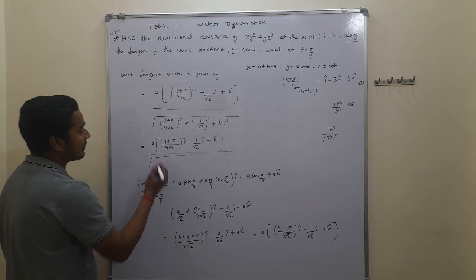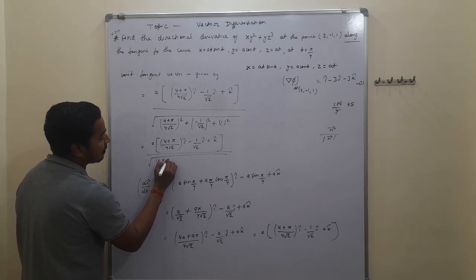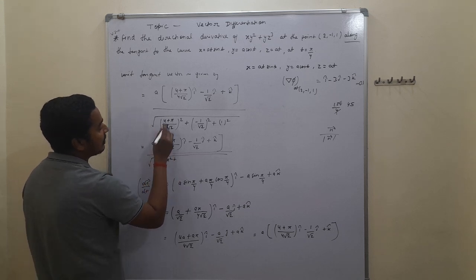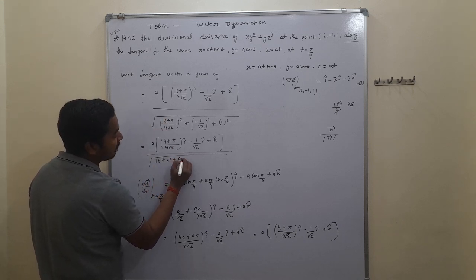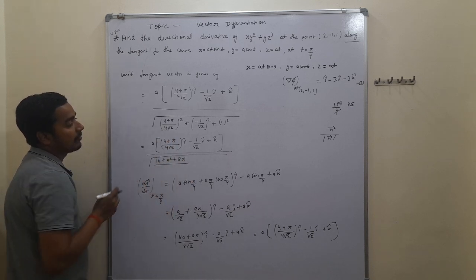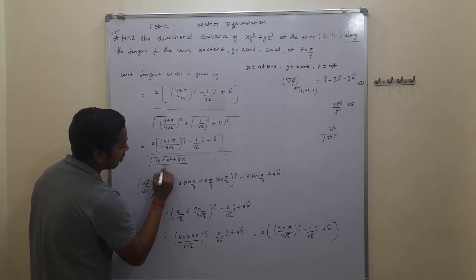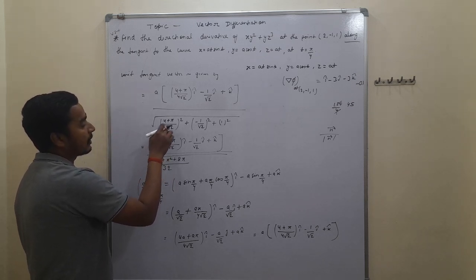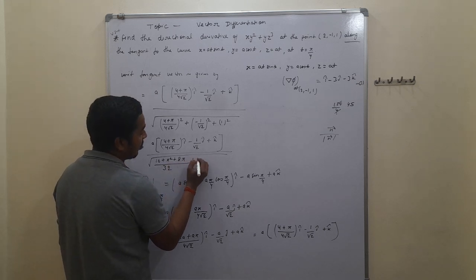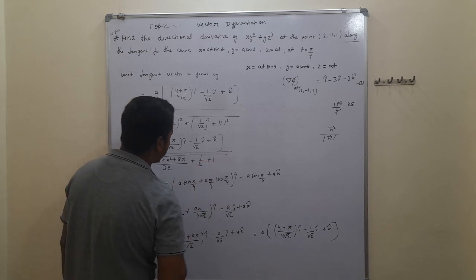We have to open. This gives 16 + π² + 2ab, that is 8π, upon the square of 4√2, which gives 32, since 4 times 4 is 16 and √2 times √2 is 2. This gives 32, plus 1/2, and plus 1.